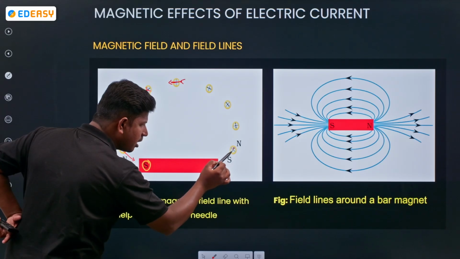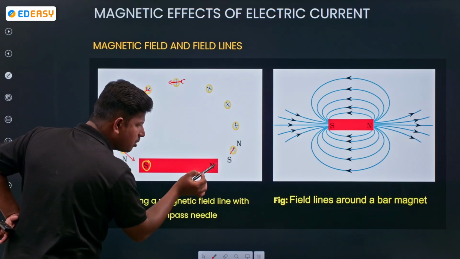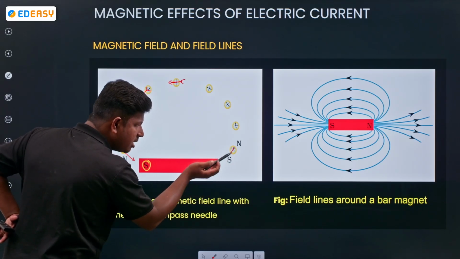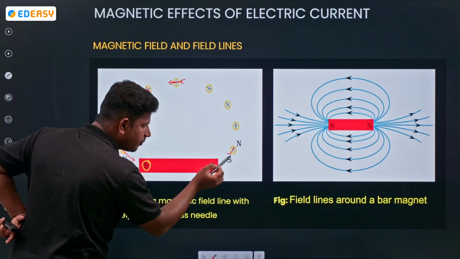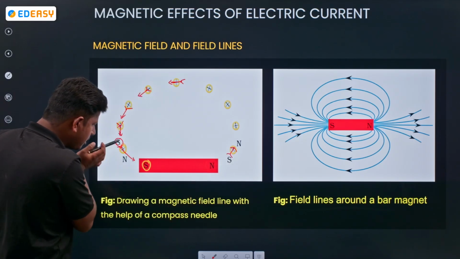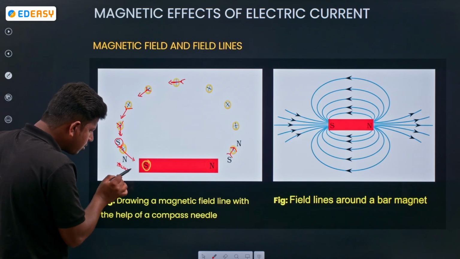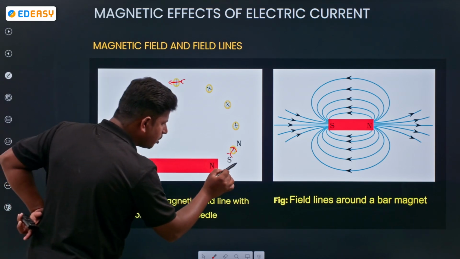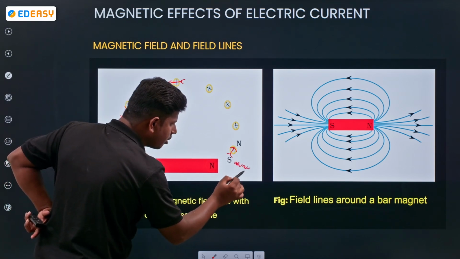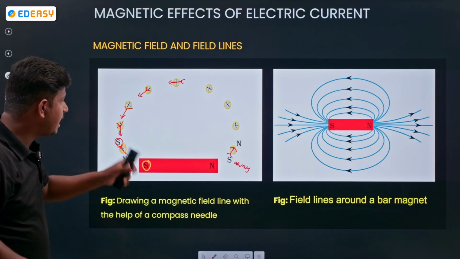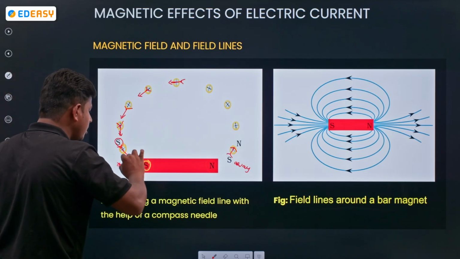Finally it comes to here. Which pole is here? North pole, and which one will it be? South pole. North pole towards, south pole away. Look at that.